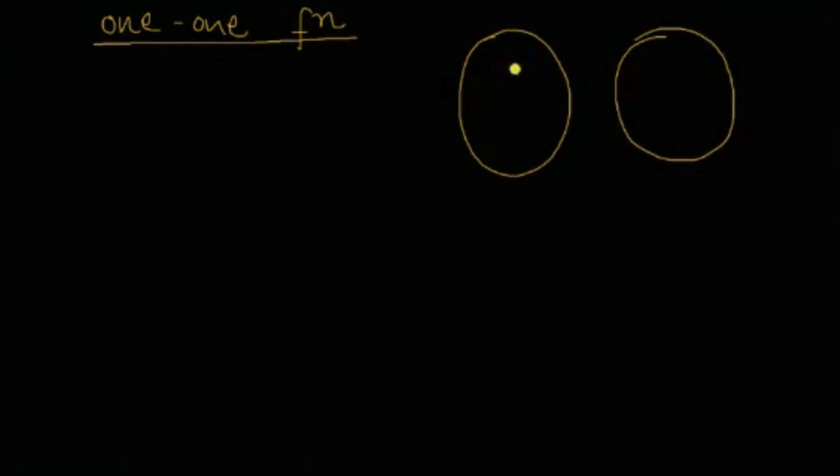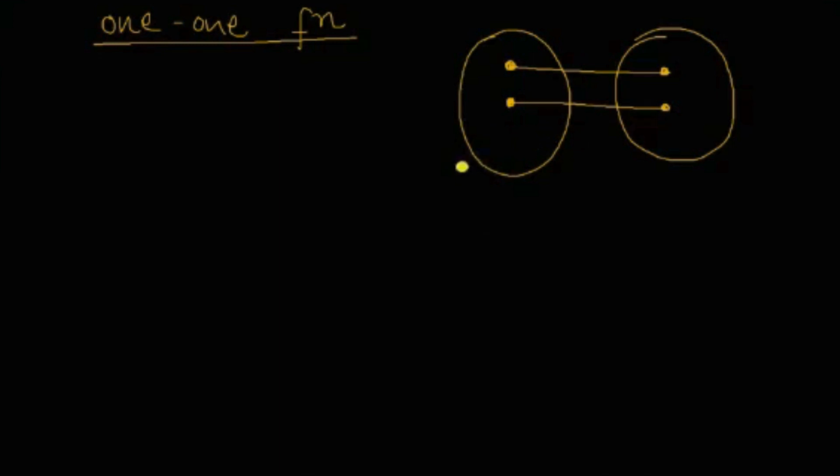So what's a one-one function? I'm on page 3. One element will map to one and only one element. So how do you write this mathematically?